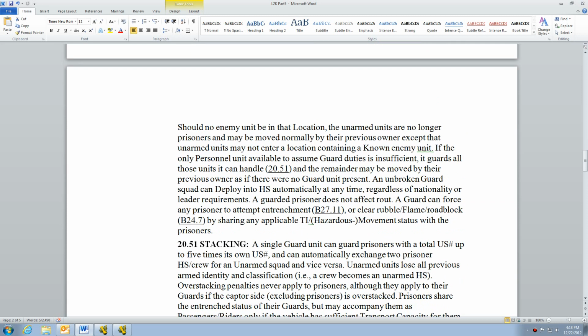It should be noted that what I'm looking for here, an unbroken guard squad can deploy into a half squad automatically at any time, regardless of nationality or leadership requirements.